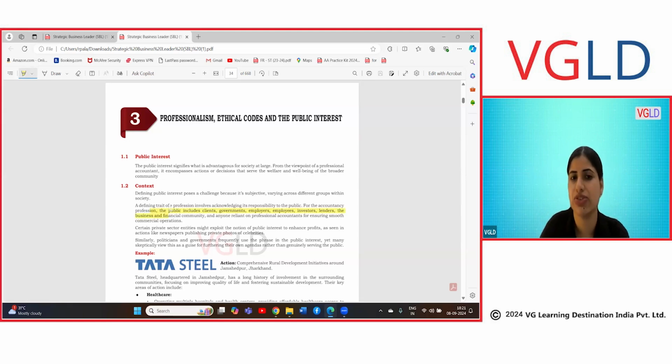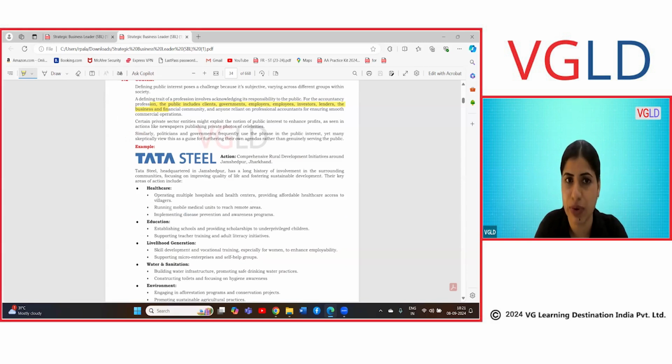They can't be selfish. Because nowadays, as I mentioned in the previous class as well, we provide an integrated report. And now it is important for us to provide details in a very explained manner about what we are doing for the society. Just take the example of Tata company.